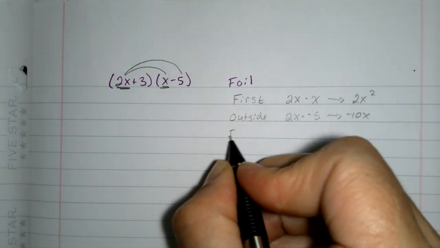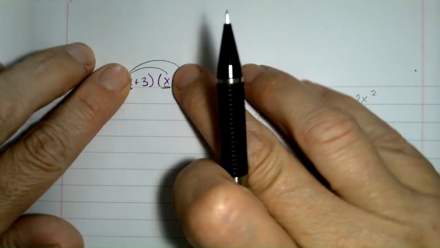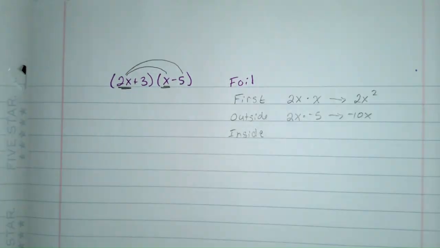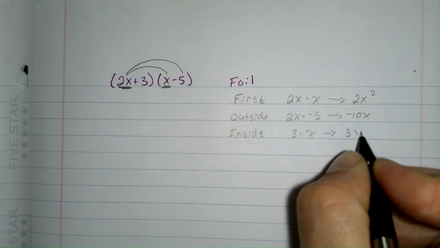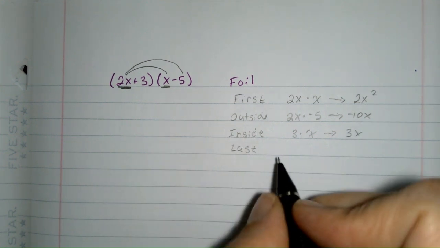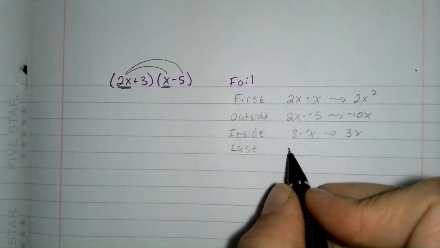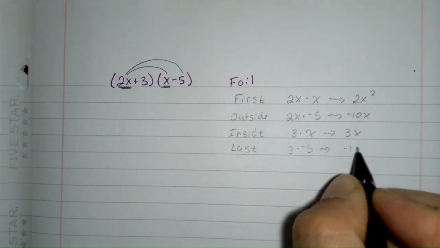Then the inside, that would be the middle. Okay, so that would be the 3 and the x, which would give us 3x. And then last, that would be the last part of each parenthesis. So that would be the 3 in the first parenthesis and the negative 5 in the second parenthesis, which gives us negative 15.